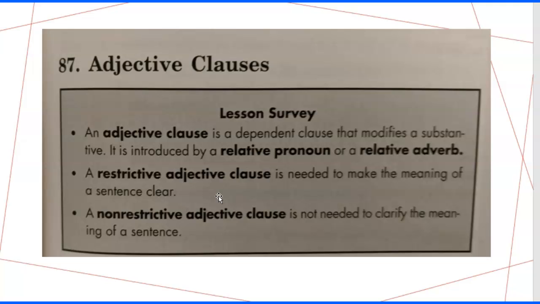A restrictive adjective clause is needed to actually make the meaning of the sentence very clear. A non-restrictive clause is not necessarily needed in the sentence to make the meaning clear. So just remember, restrictive means something that's absolutely needed, and non-restrictive is not necessarily needed.